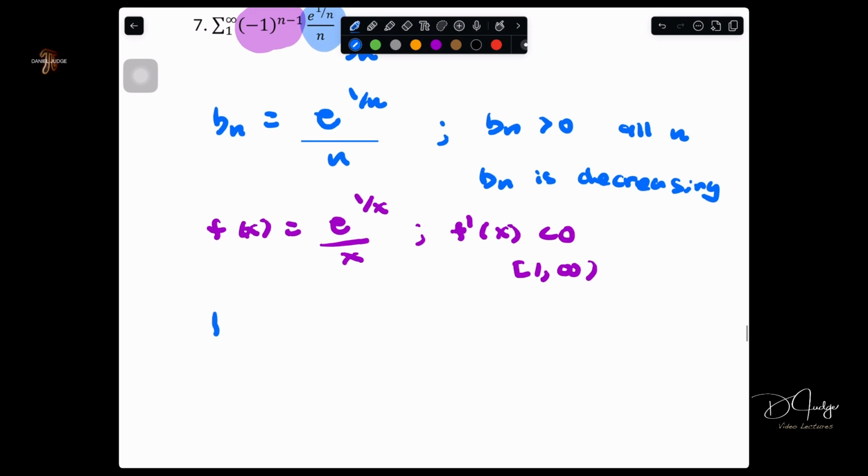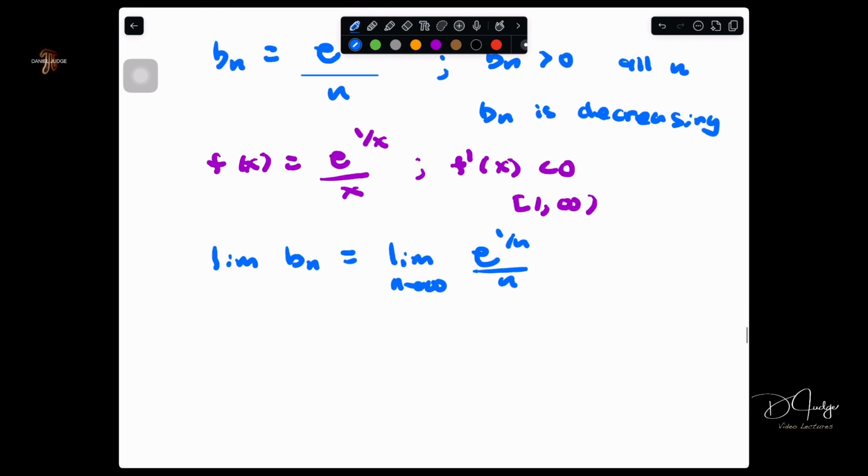Now, let's look at the limit of Bn and see where this goes to. What do we know?